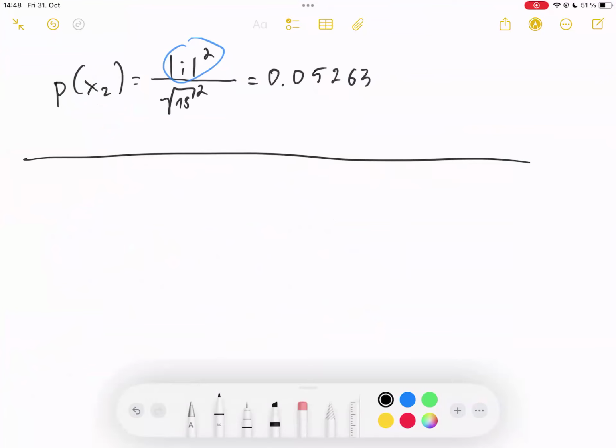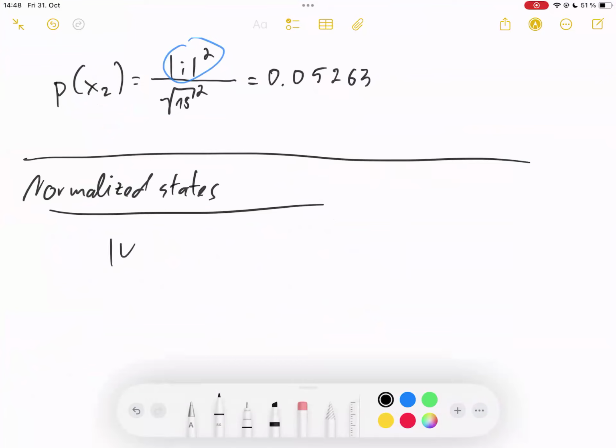So, normalization or normalized states. We have a vector psi cat for which we say the entries are 2 minus 3i and 1 plus 2i.